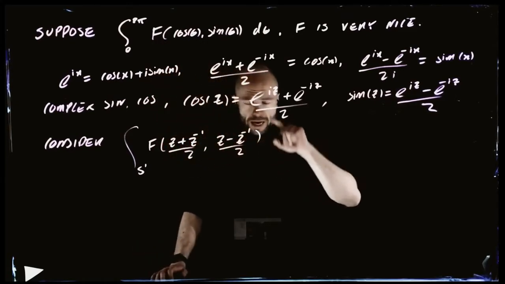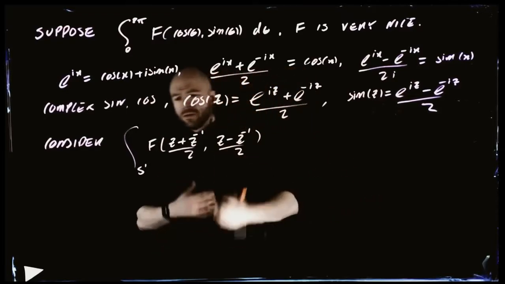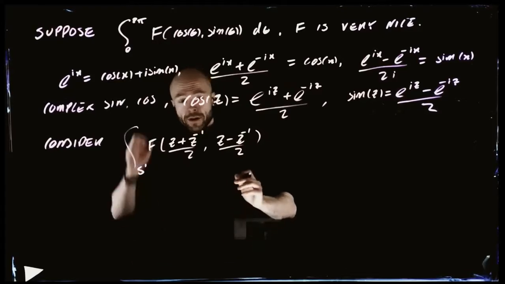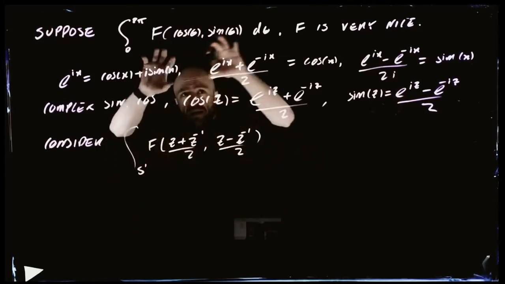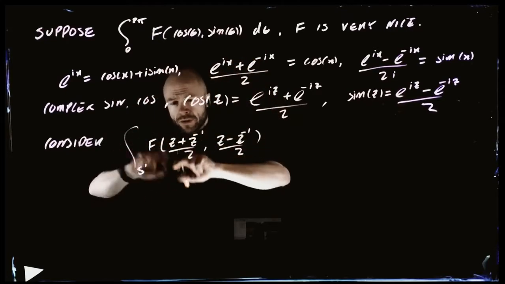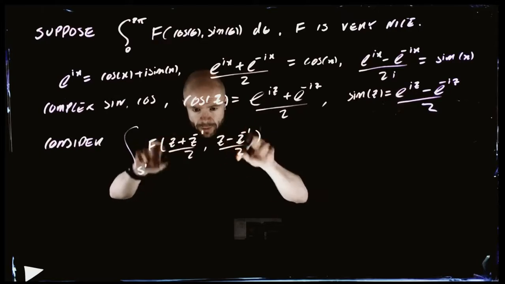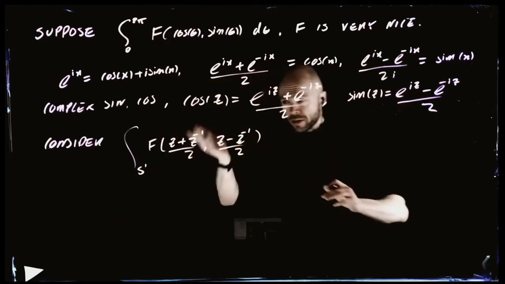I'm going to add some things to this later, but I want to give you a way to recapture how we get it into the right form. And the trick is we're going to try and replace this thing by the integration around the unit circle of something like this. But let's see what happens if we do that.